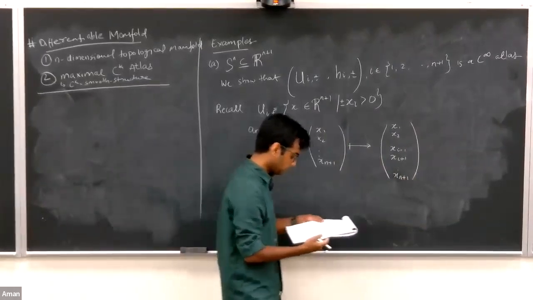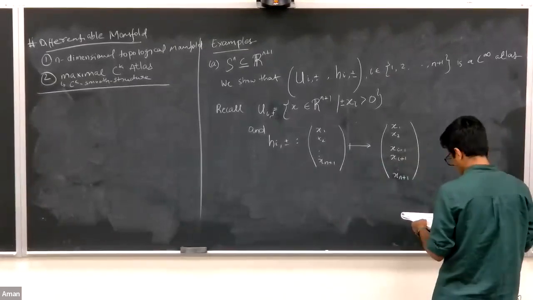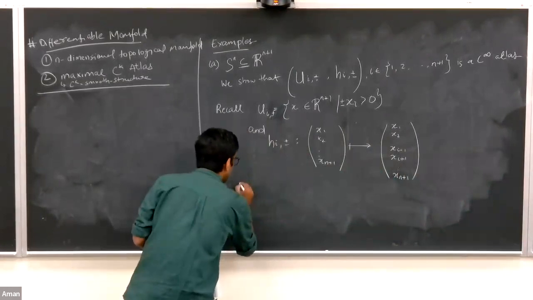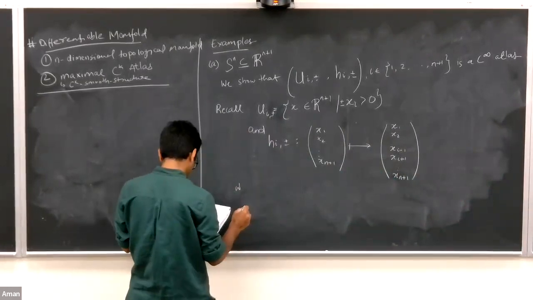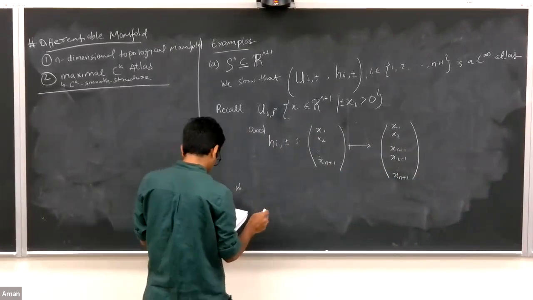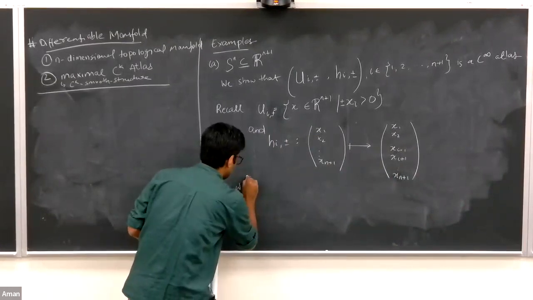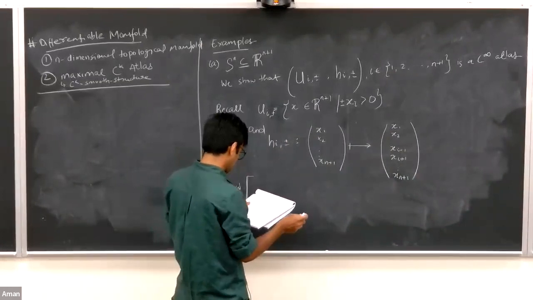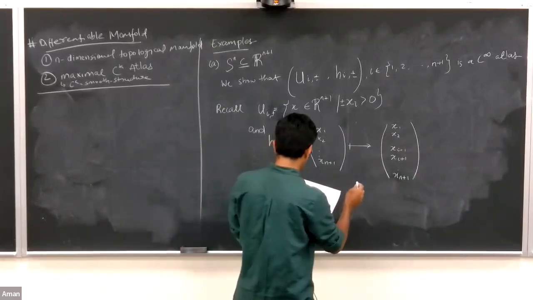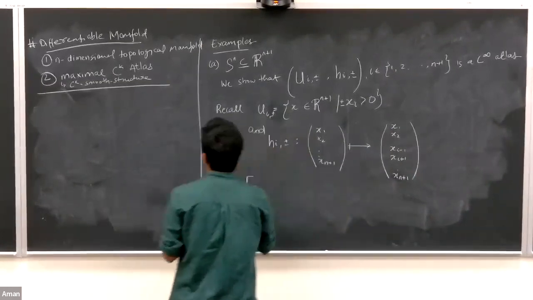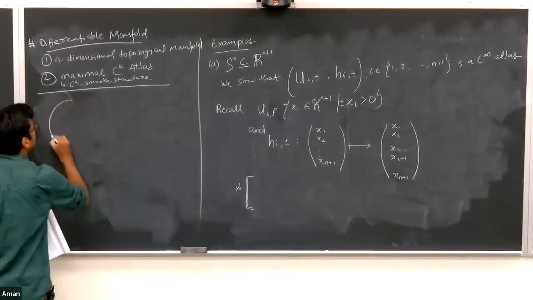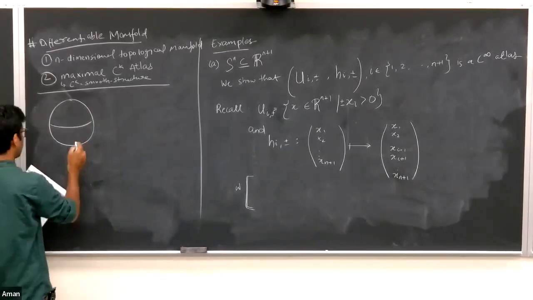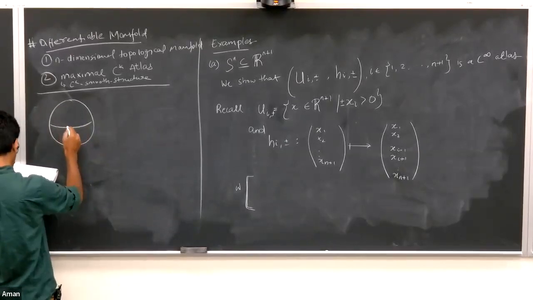Now we need transition maps, right? So omega in this case is... okay, let me draw pictures of that so it's easier.